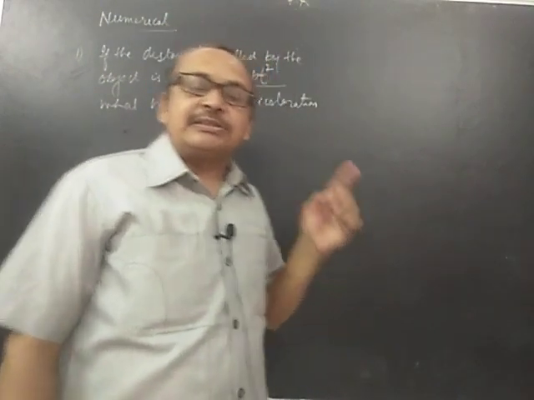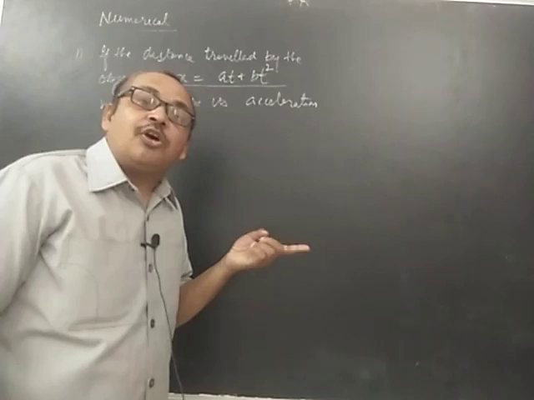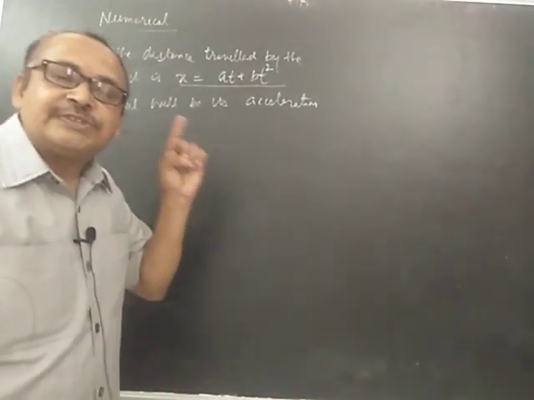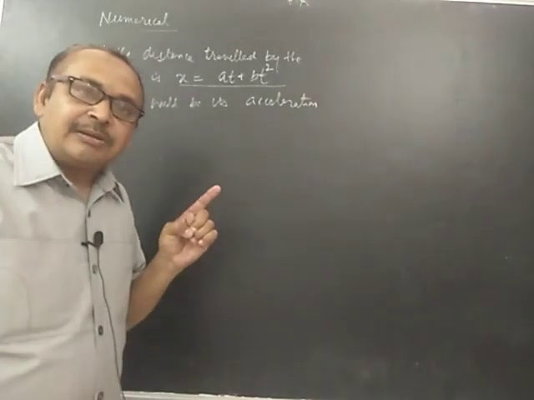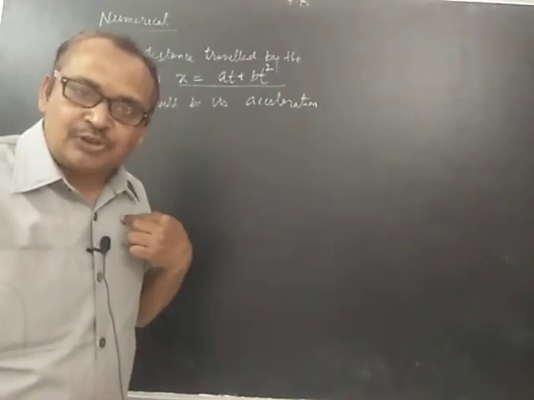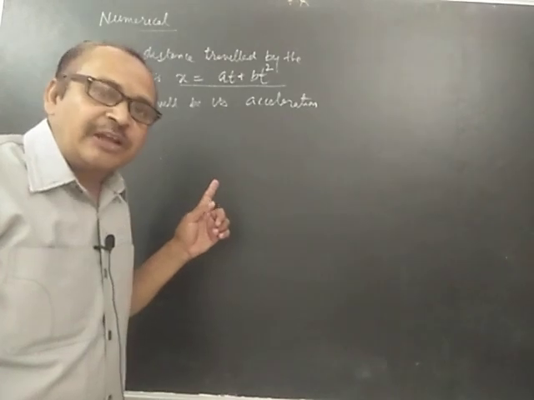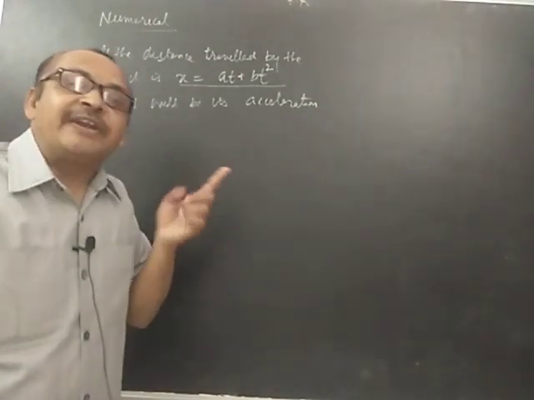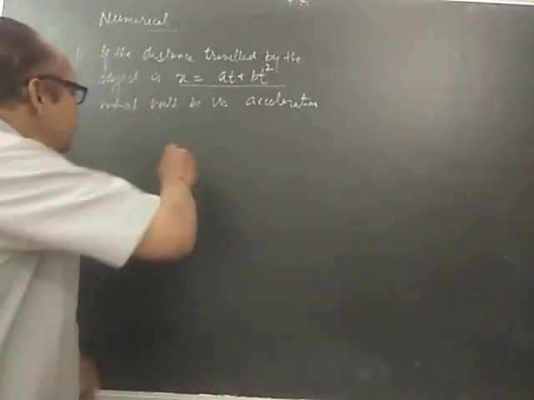Acceleration is the rate of change of velocity. That means we need velocity also. But here we don't have velocity. So what will we do? We want to find velocity. And what is velocity?